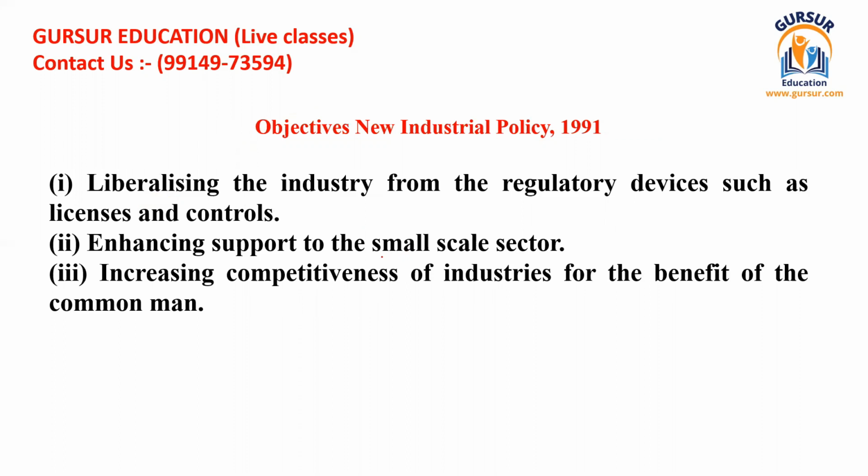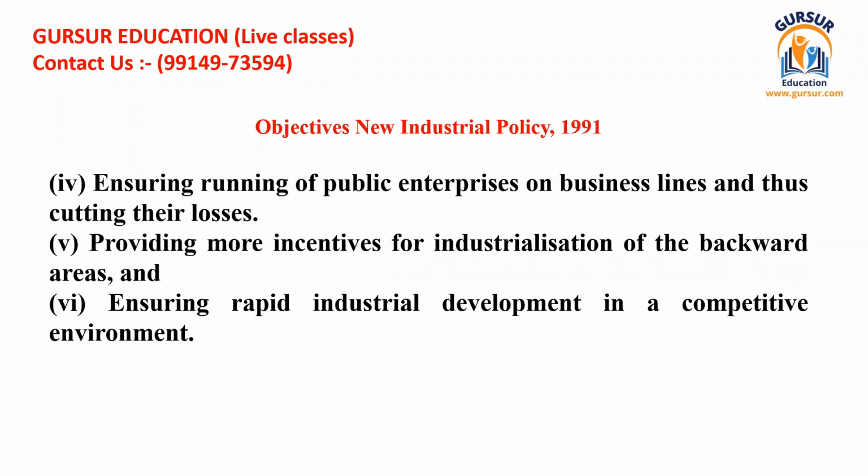Then it enhanced support to small scale sectors. Then it increased the competitiveness of industries for the benefit of the common man. A number of new industries were opened for small scale industries. After that, it ensured running of public enterprises on business lines, so cutting their losses.